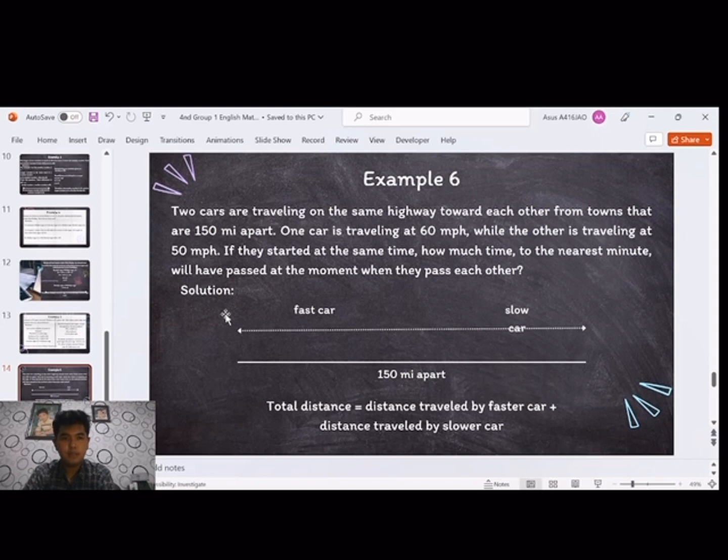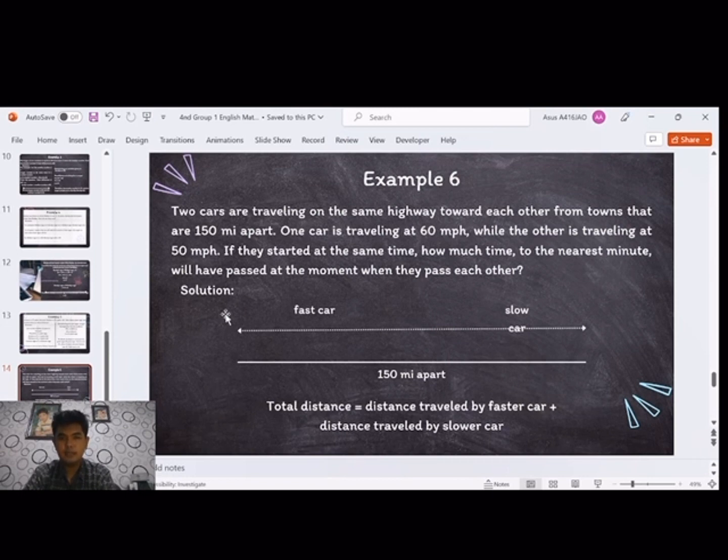Okay. Next is, two cars are traveling on the same highway toward each other from towns that are 150 miles apart. One car is traveling at 60 miles per hour, while the other is traveling at 50 miles per hour.